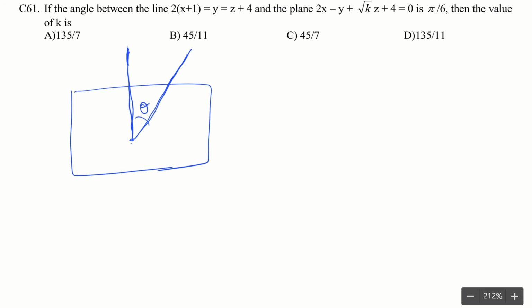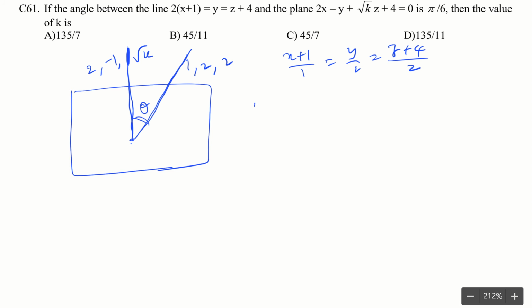You see here, the DRs of the normal are nothing but 2, minus 1, root k. And for the line, it is (x plus 1) by 1 is equal to y by 2 equal to (z plus 4) by 2. Therefore, the DRs of the line are 1, 2, 2.